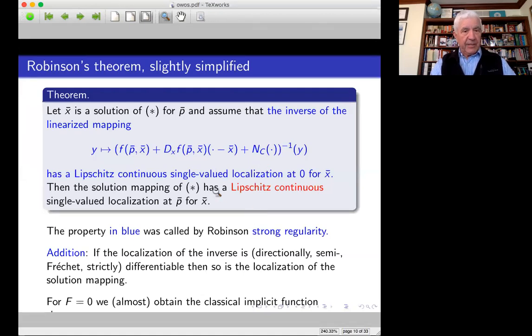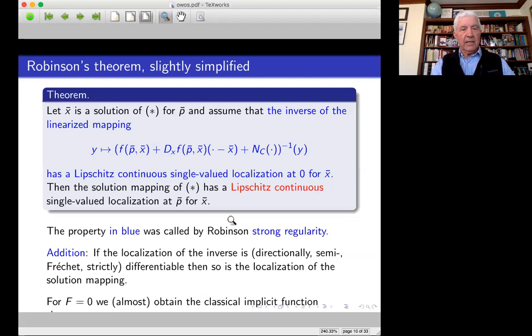And this particular property, that the linearization has an inverse which has a single-valued localization, was called by Robinson strong regularity. Later, it was added to this theorem that if the localization has some differentiability property, then this property also goes into the solution mapping of the nonlinear variational inequality.